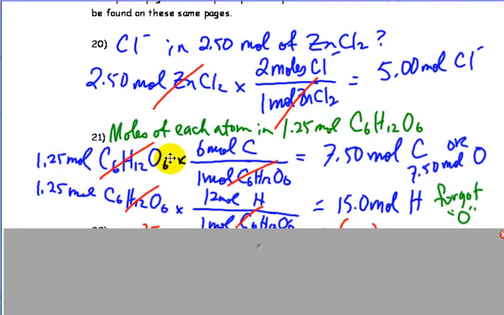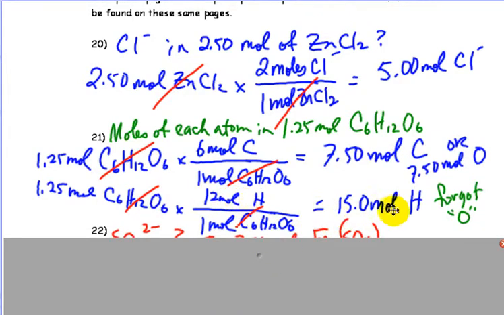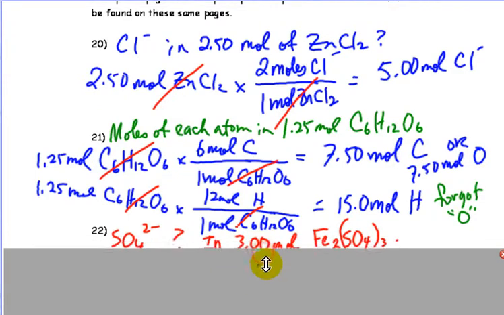Starting off with 1.25 moles of the whole compound, and of course 1 mole has 6 moles of carbon, or 1 mole has 12 moles of H. So you can see the answers there: 7.5 moles of carbon, 15 moles of H, and since I have 6 moles of O, 6 moles of carbon, I'll have 7.5 moles of oxygen as well, because it's the same.